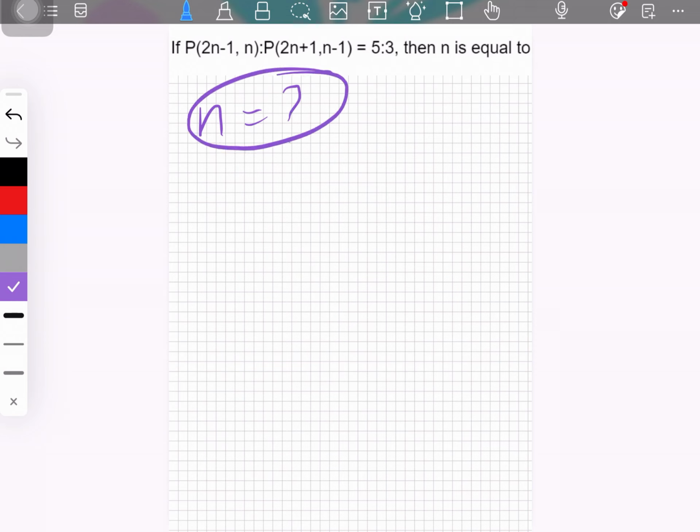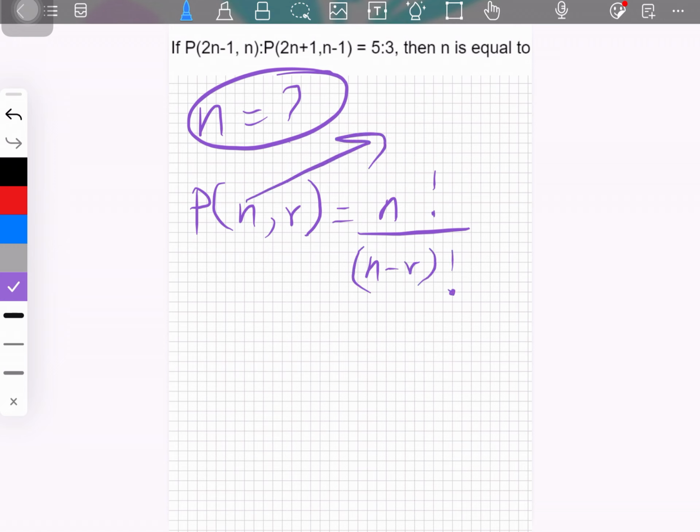And let me give a short introduction about permutation and the formula of permutation. So if you have something like this, then the formula says, so this is the formula of permutation. n over here is the total number of objects, and r over here is the total number of objects selected.